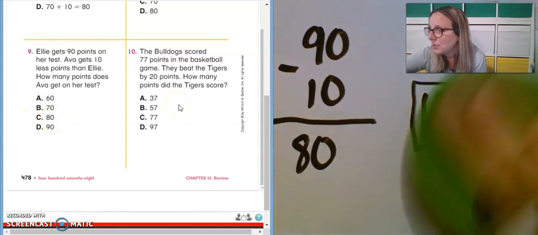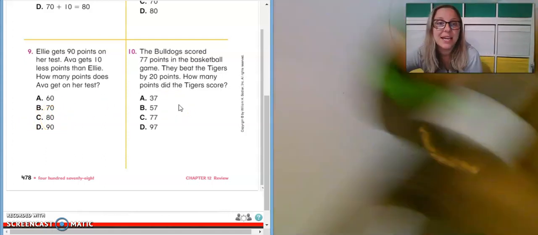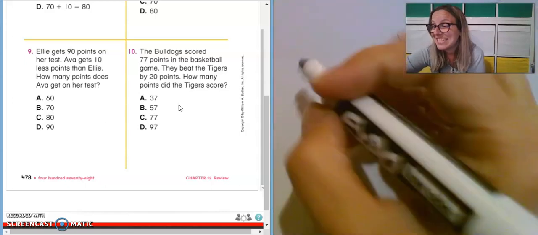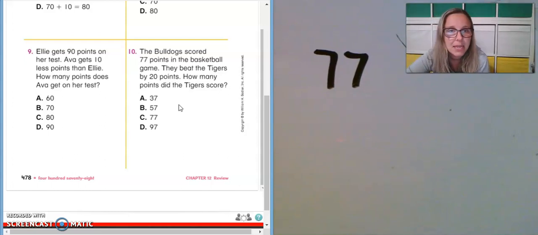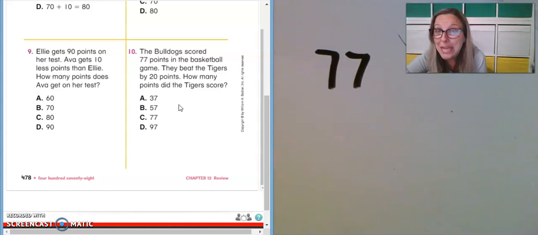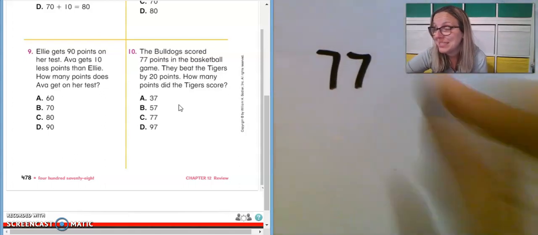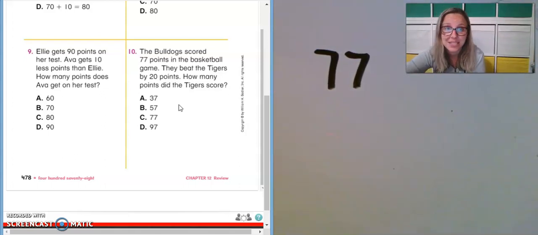And the last one on this review says the Bulldogs scored 77 points. I'm going to write that down in their basketball game. They beat the Tigers by 20 points. Okay, so that means they had 20 more points than the other team. So how many points did the Tigers score?